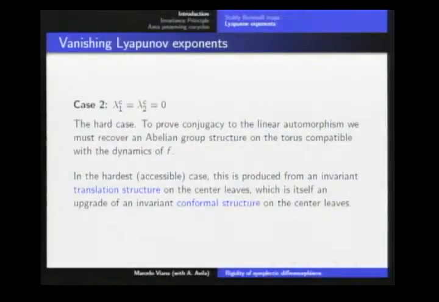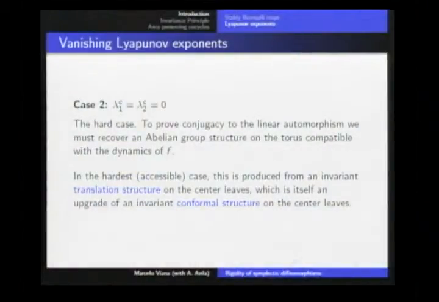Conformal structure, everyone knows what that is. It's the structure of a Riemann surface. It's to construct an atlas on the center leaves such that the changes of coordinates for this atlas are conformal maps. Translation structure is a stronger version of that. It's an atlas on the manifold such that the coordinate changes are always translations, which of course are very special types of conformal maps.